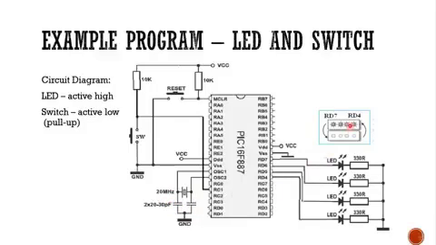And then we want to connect the LEDs to the port, starting from RD4 to RD7: RD4, RD5, RD6, RD7. Only 4 bits, 1, 2, 3, 4, from the total 8 bits.